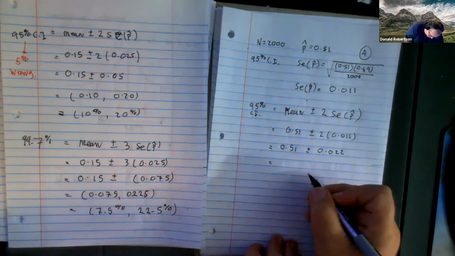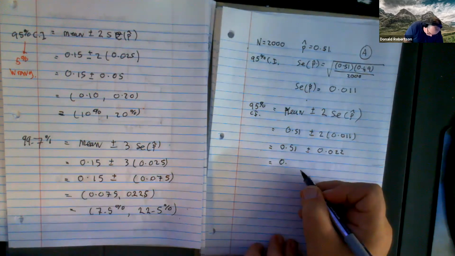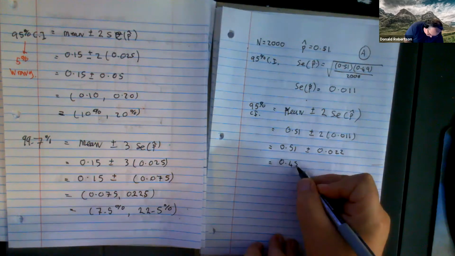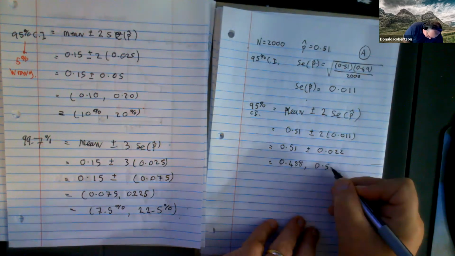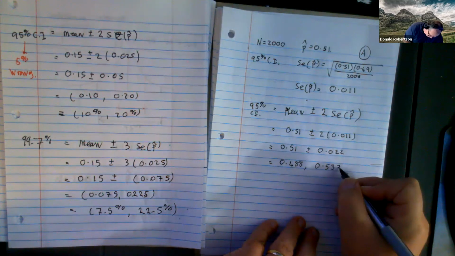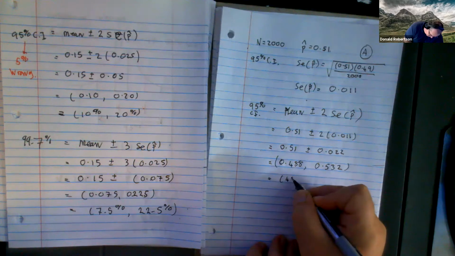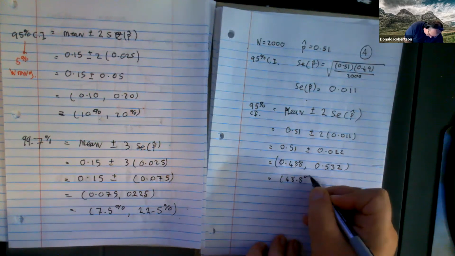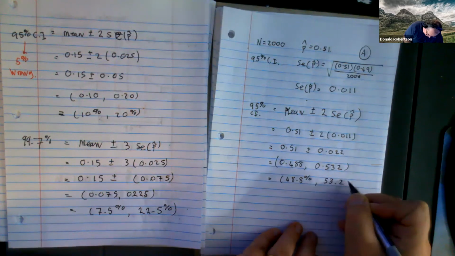Which means it might be as small as 0.488, and it might be as big as 0.532. So it could be as low as 48.8%, but it might be as high as 53.2%.